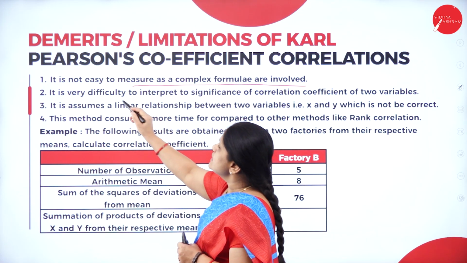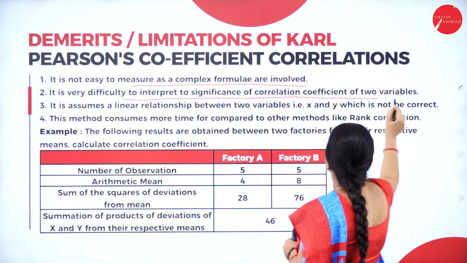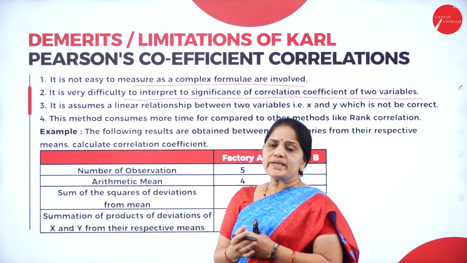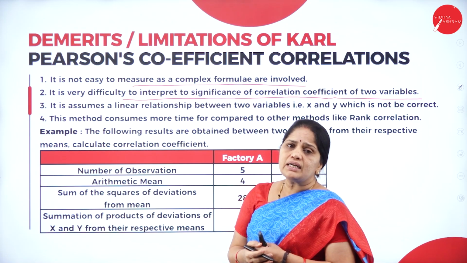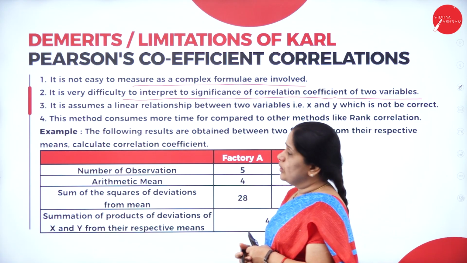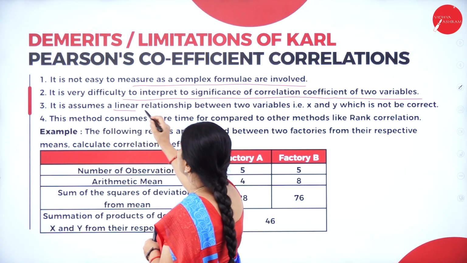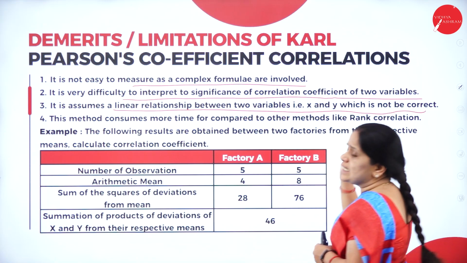Second one is it is very difficult to interpret the significance of correlation of two variables. Once we get the answer for the coefficient of correlation, it is very difficult to interpret the significance of the correlation. Third one is it assumes a linear relationship between variables, which is not correct.